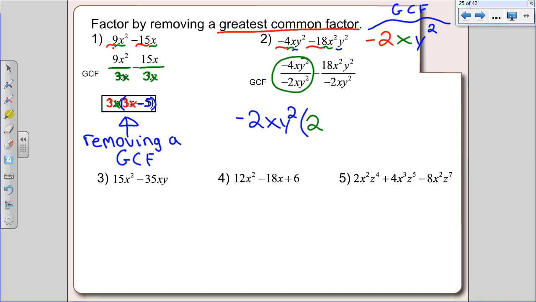X divided by x would give me 0 x's. I don't write anything. Right? They would cancel each other out completely. There'd be no x's left in that first term. Y squared divided by y squared, what would they do? Completely cancel out. Perfect. Right? There's 2 on the top, 2 on the bottom. That means there's none left.